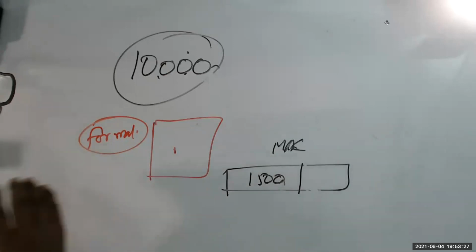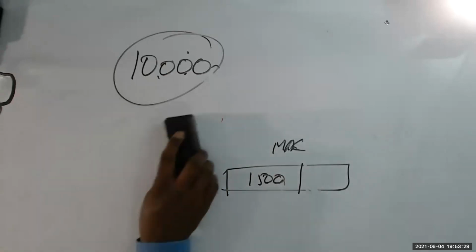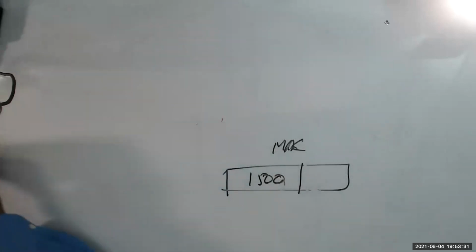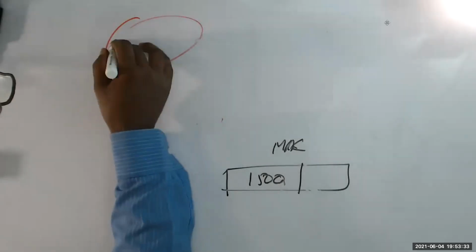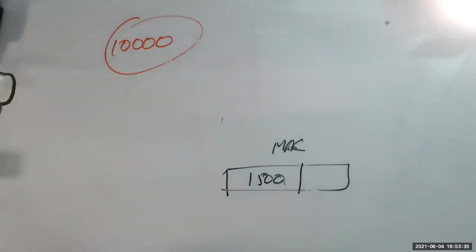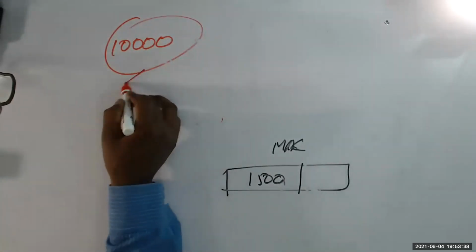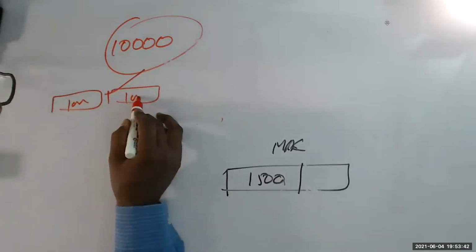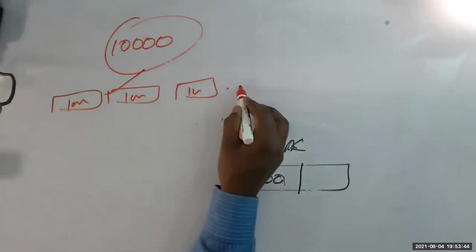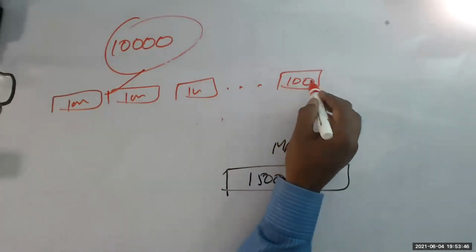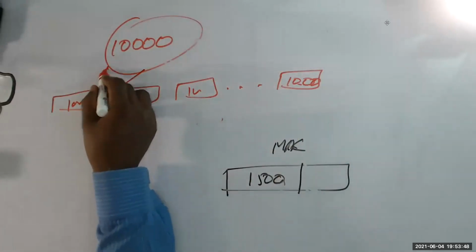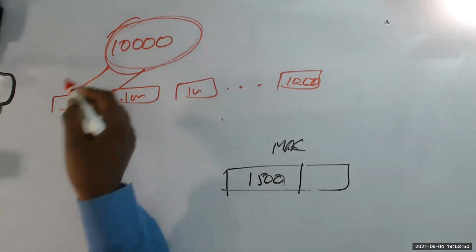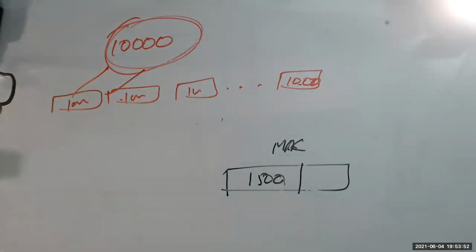For that, you need some data. So see, I have a file which has 10,000 bytes. What TCP does is split it into 10 packets of 1,000, 1,000, 1,000, 1,000. Who does this? You are giving me data of 10,000 bytes.